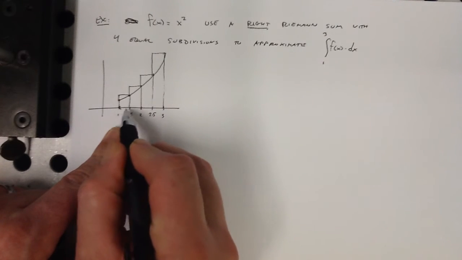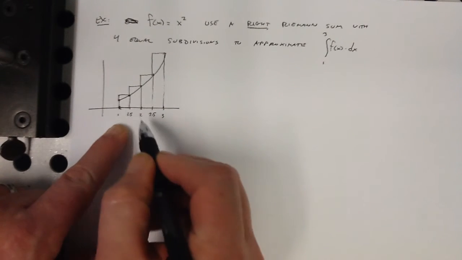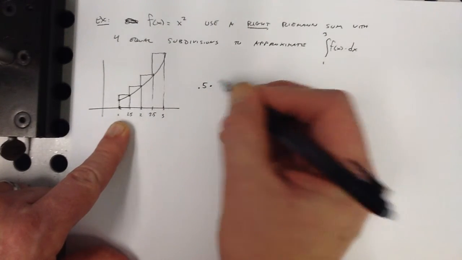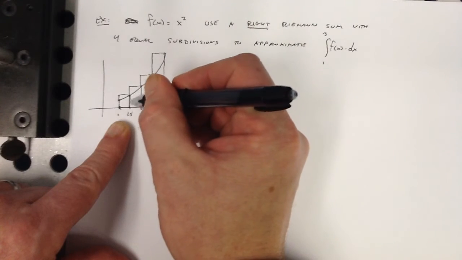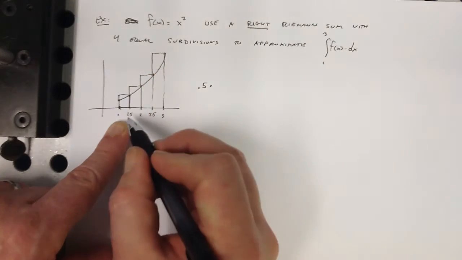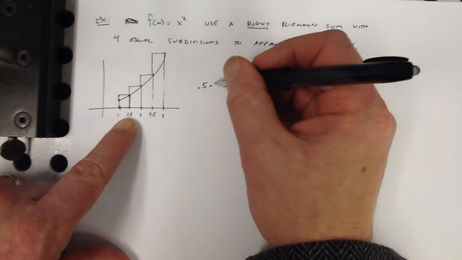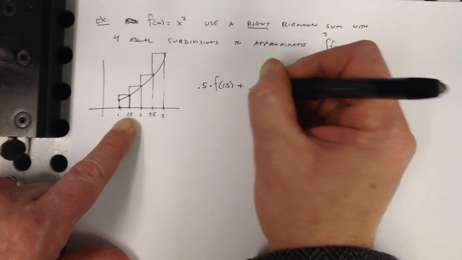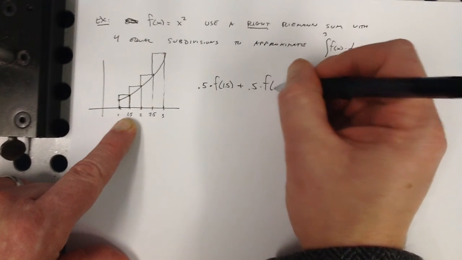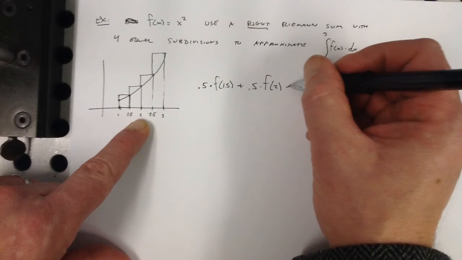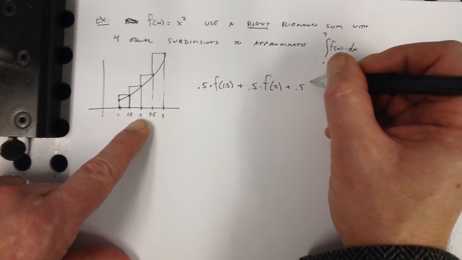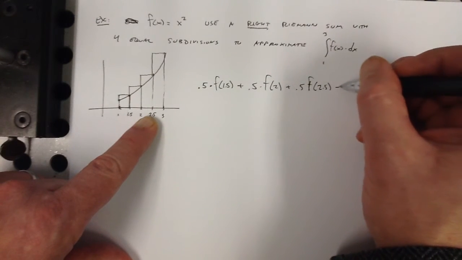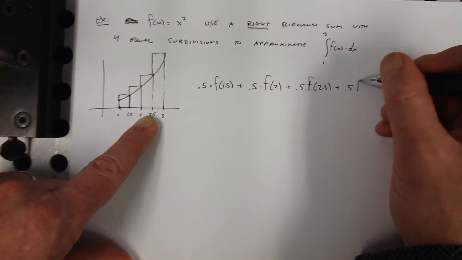All right, so what are the areas of my rectangles? Well, notice that each one of the rectangles is 0.5 wide, right? Not 1 wide, it's 0.5 wide. So 0.5 times, and then the height of each rectangle is the value of the function at the right endpoint. So that's 0.5 times f of 1.5 plus 0.5 times f of 2 plus 0.5 times f of 2.5 plus 0.5 times f of 3.